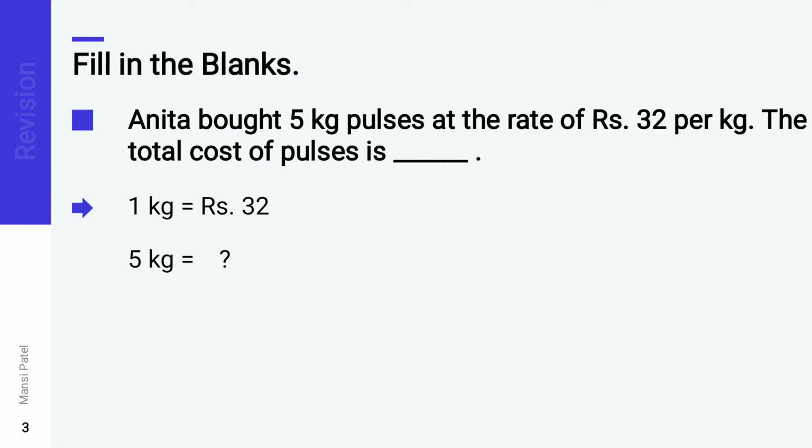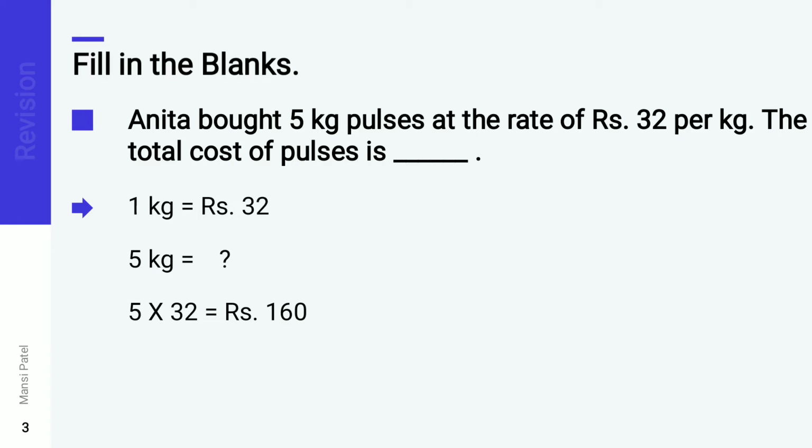Then the price of 5 kg is equal to question mark. Now the numbers written in the cross, do the multiplication. So here we have to multiply 5 and 32. So 5 multiplied by 32 is equal to 160 rupees. So we can say that the price of 5 kg is rupees 160.